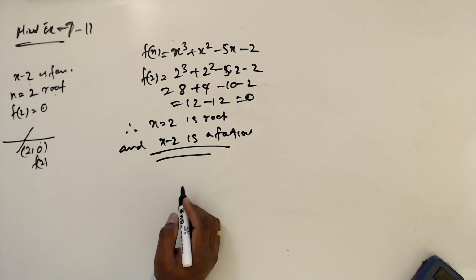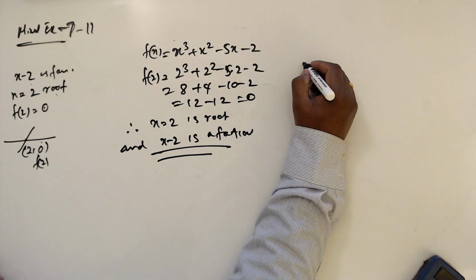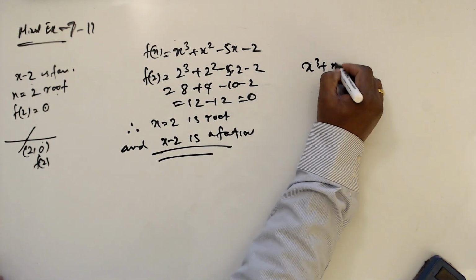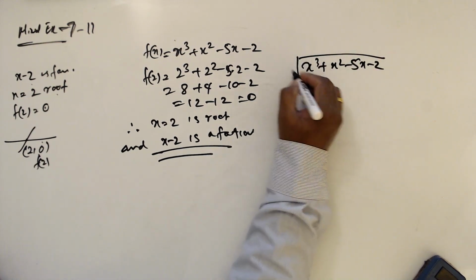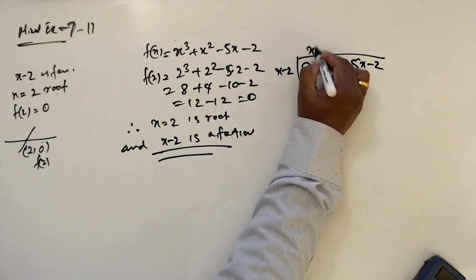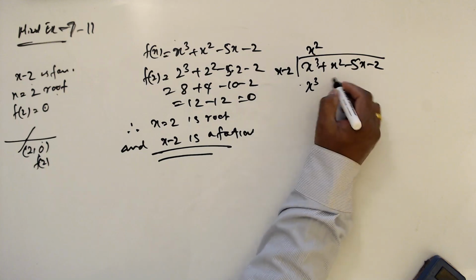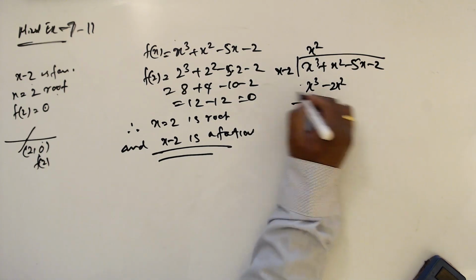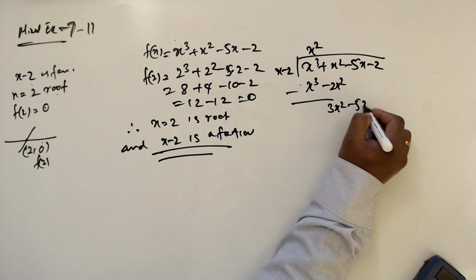It means we have to start dividing x cubed plus x squared minus 5x minus 2 by x minus 2. This is x squared. This is going to be x cubed minus 2x squared. Then we subtract: 3x squared minus 5x.